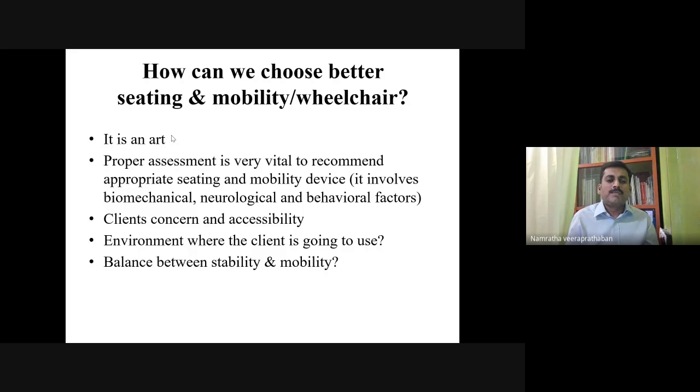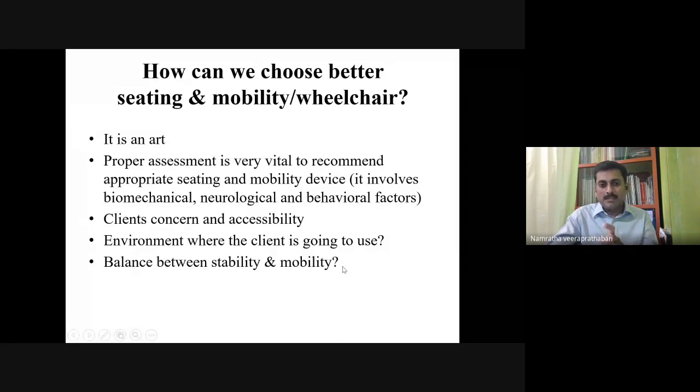And we have to take care of the concerns of the client and the accessibility of the client, how accessible he is, and the environment where he is going to use the wheelchair. And last but not least, the balance between stability and mobility. Balancing between stability and mobility is very, very important. If you know how to create a balance between stability and mobility, you are almost going to provide an appropriate wheelchair for the patient.